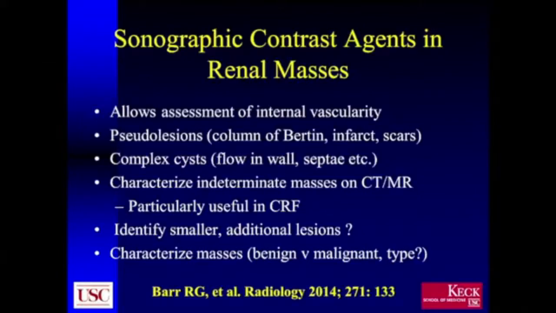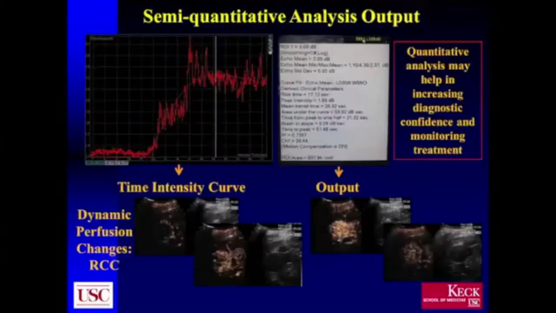Occasionally, we will be able to identify smaller or additional lesions with contrast ultrasound, although this is certainly not something that we typically use it for. And in general, I think we can characterize masses, benign versus malignant, and in some cases even the type of malignancy, such as one form of renal cell carcinoma versus another.